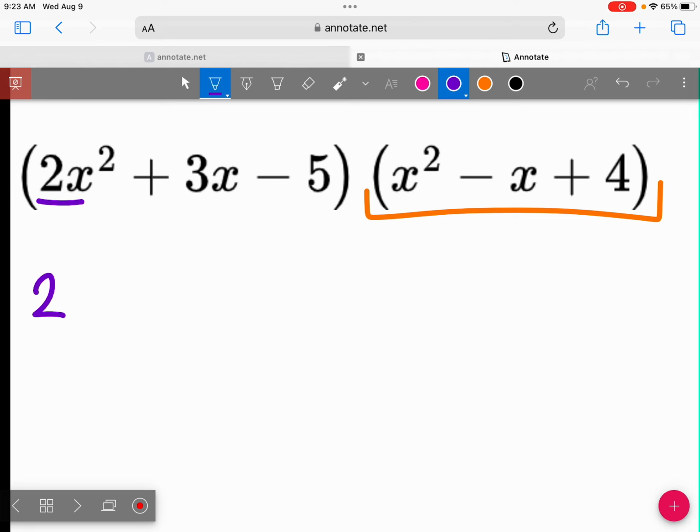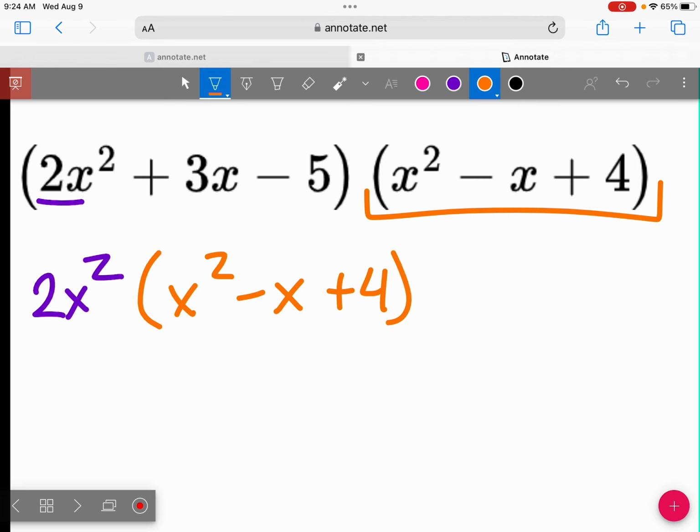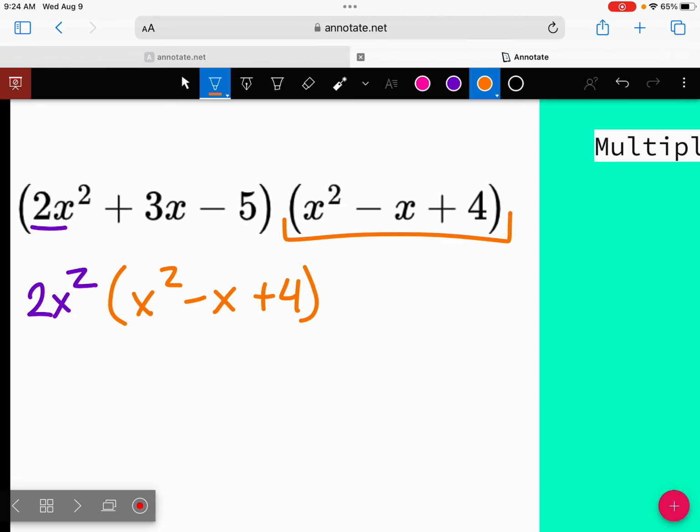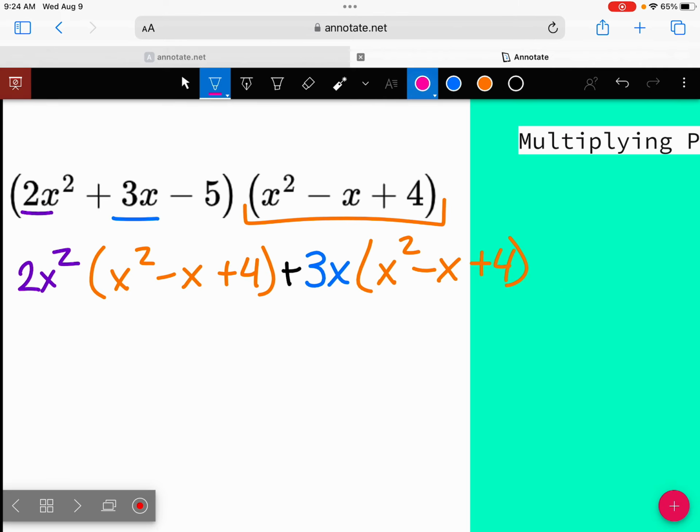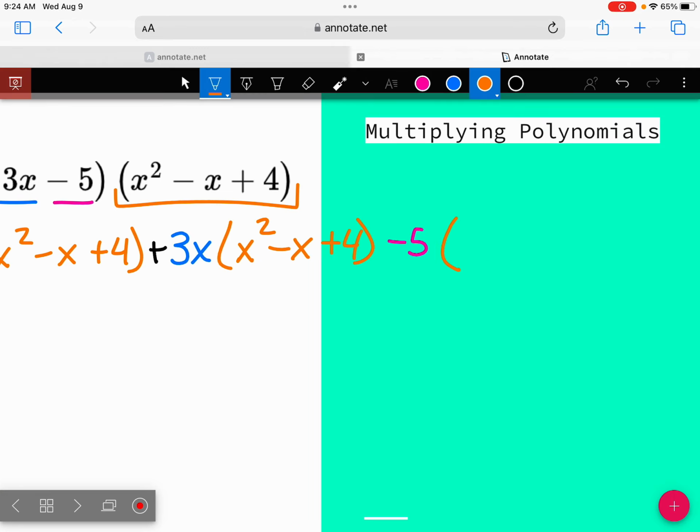So we're going to do 2x squared times x squared minus x plus 4. And then we're going to do 3x times that whole chunk, x squared minus x plus 4. And the minus 5 times the whole same chunk, x squared minus x plus 4.